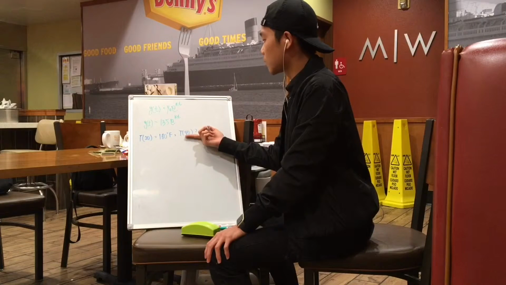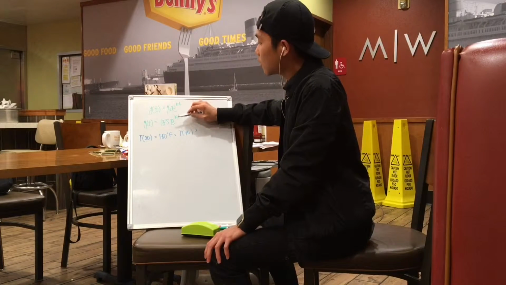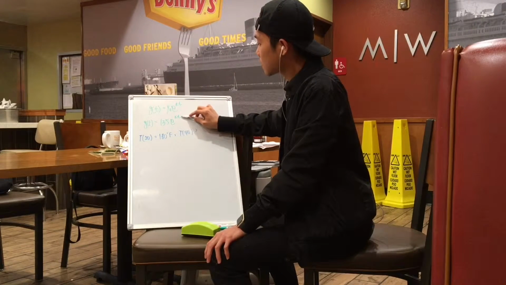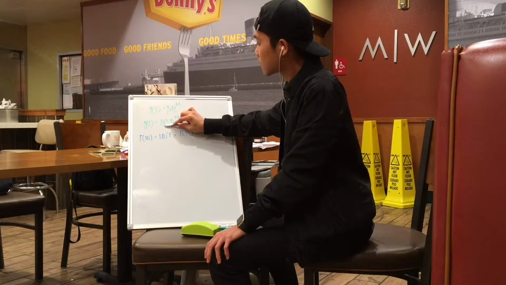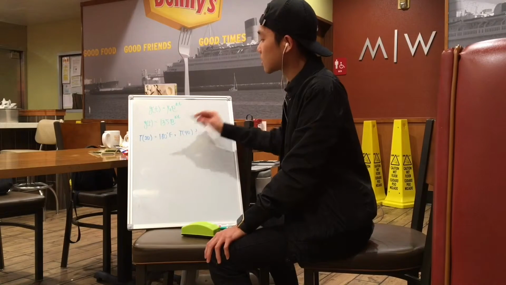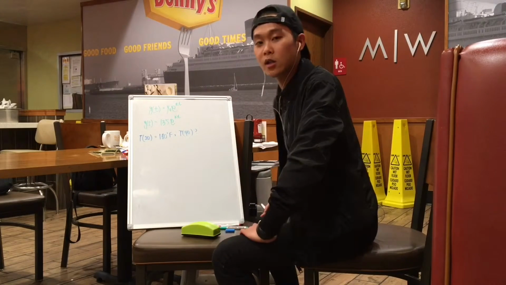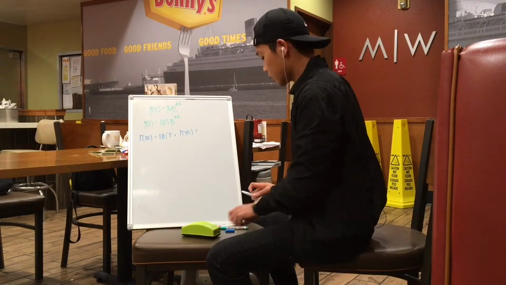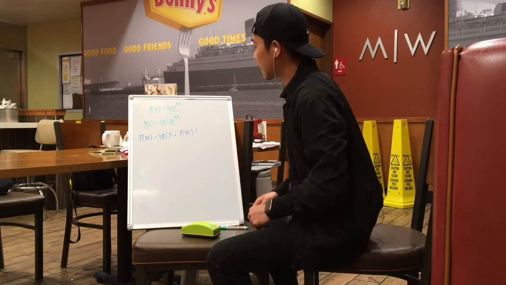The time is a number, the initial amount is a number, and y(t) is going to be 180 degrees, which you replace, so it's a number. The only missing information here is the k value, which is our rate of decay.